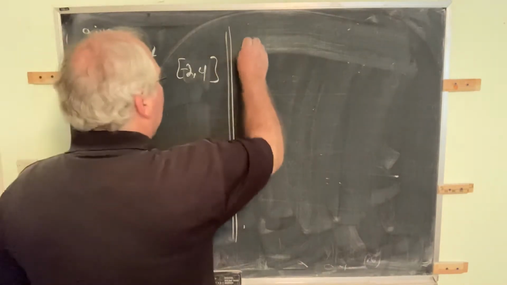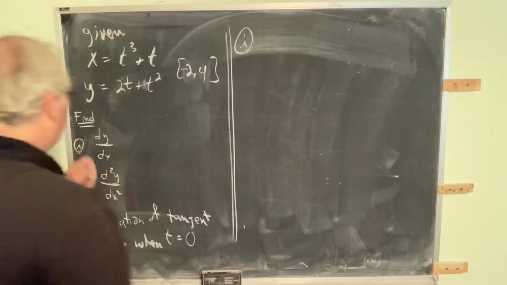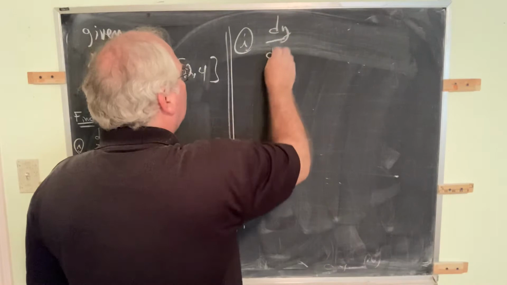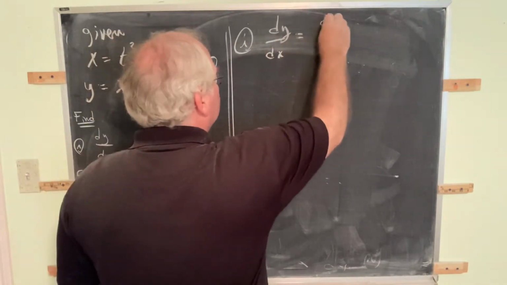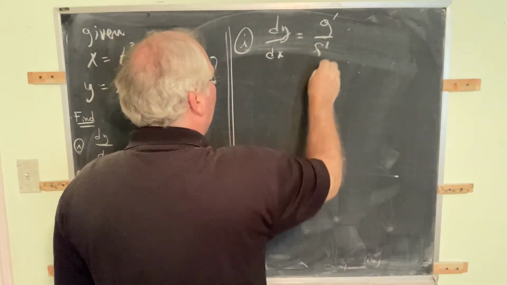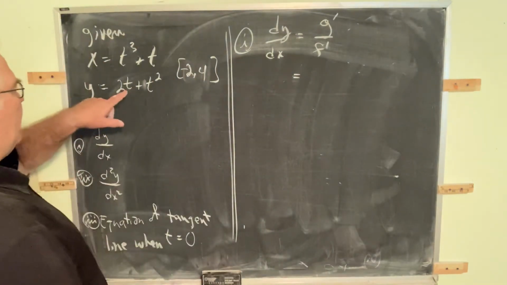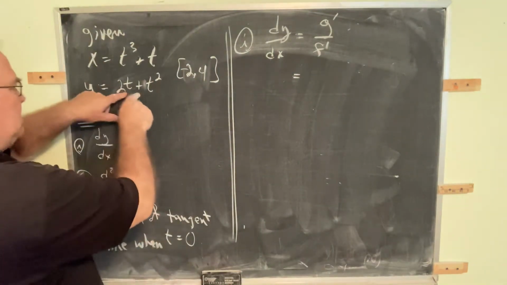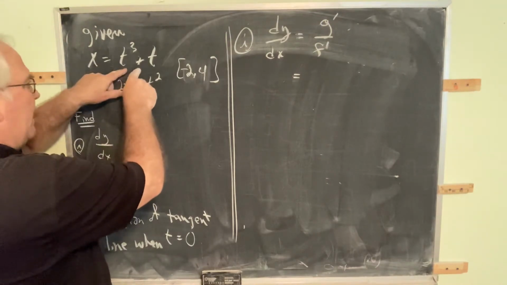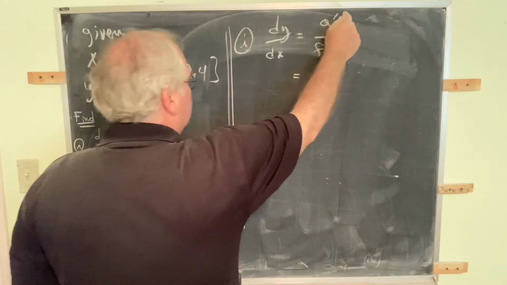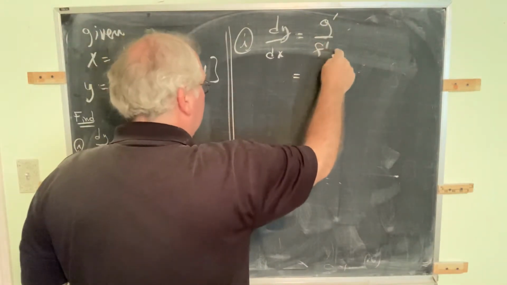So number one, this is the kind of thing I'll ask of you. Find dy/dx. The short version of this is it's g prime over f prime. Remember, y is given by g, x is given by f. Another way to think of this is this is dy/dt, this is dx/dt.